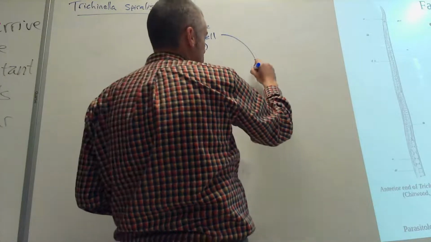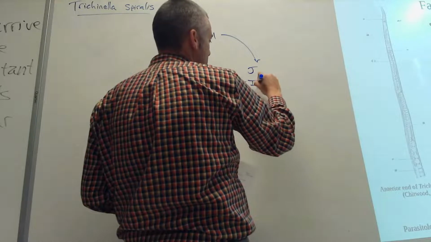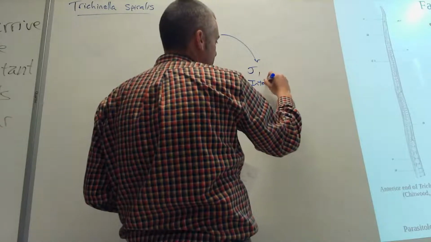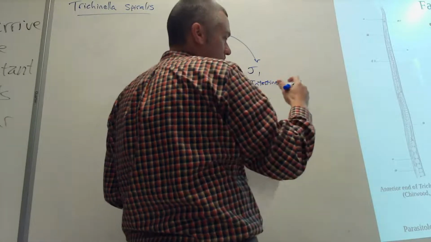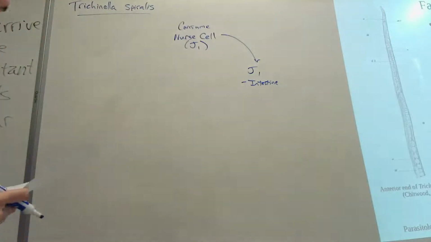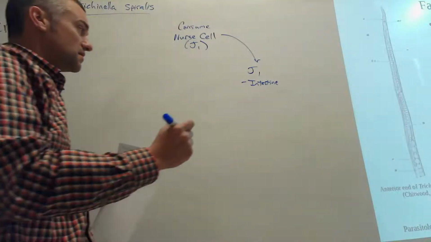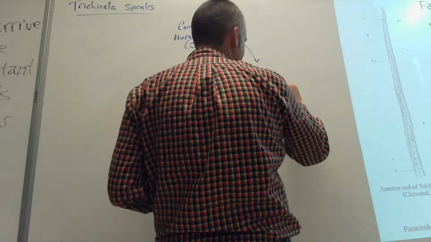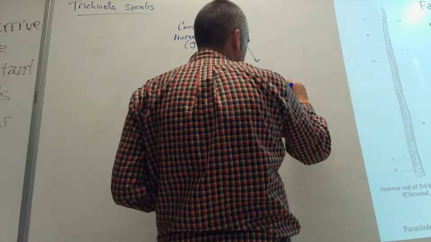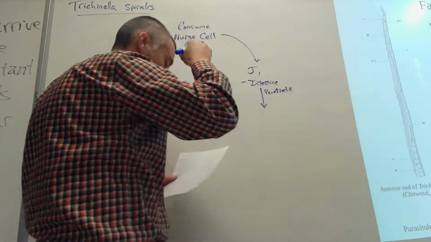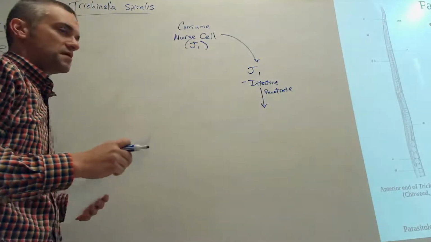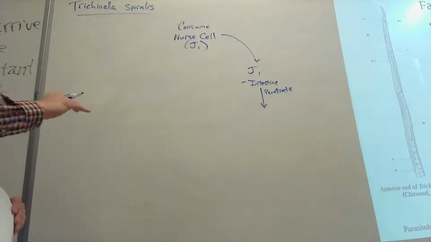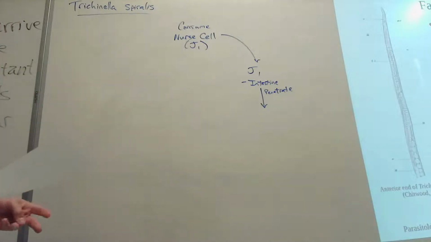J1 gets released and is now in our intestine. Small intestine normally is where it gets released. And then our J1 is going to penetrate out of the gut and go into the gut mucosa. So I'm going to add some other stuff to get to our locations.